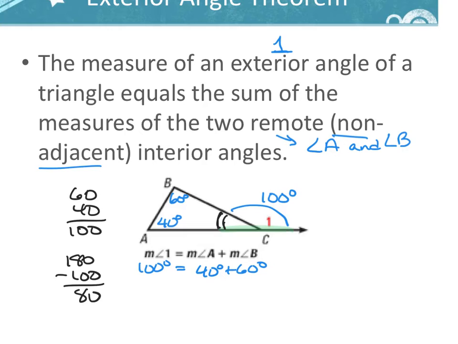And then the missing interior angle is 80 degrees. And then they would tell you subtract that 80 from 180, and then the outside angle equals 100. But it's a lot faster to use this theorem.